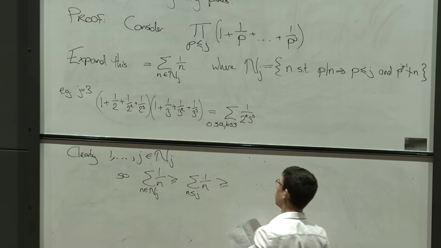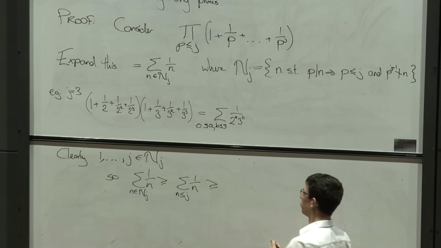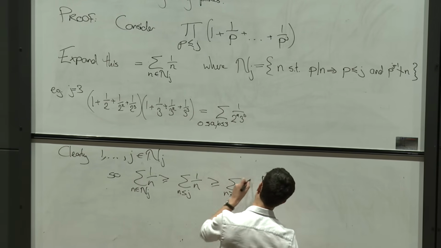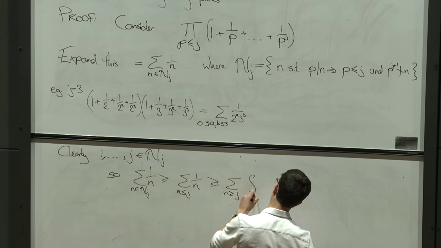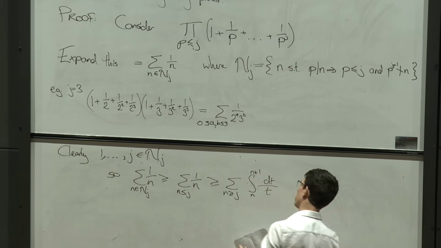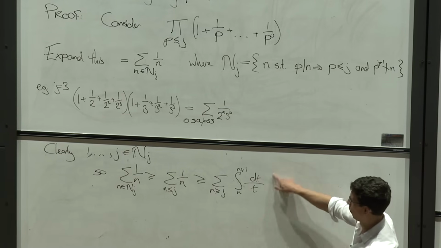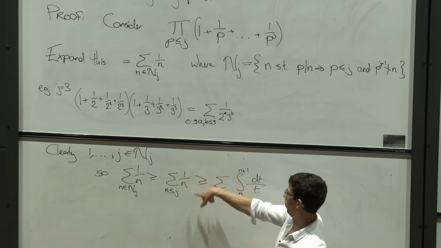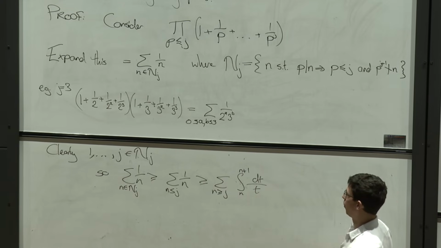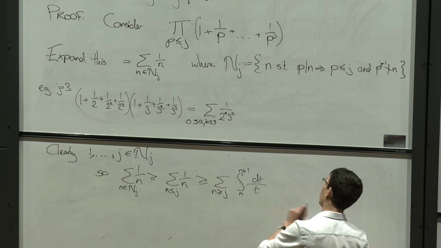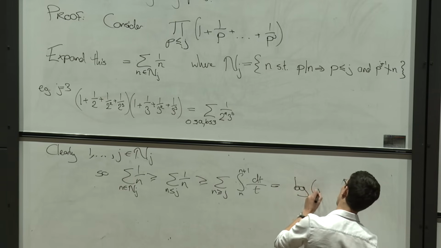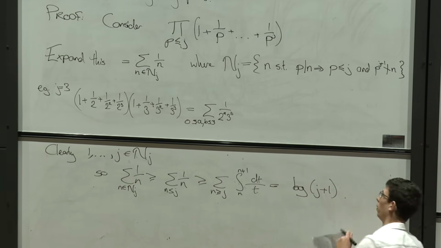And then we can do maybe a simple integral comparison. This is certainly at least the integral from n to n plus 1 of dt over t, because 1 over t is always smaller than 1 over n for t between n and n plus 1, and the length of this interval is 1. Summing, this is equal to log of j plus 1.